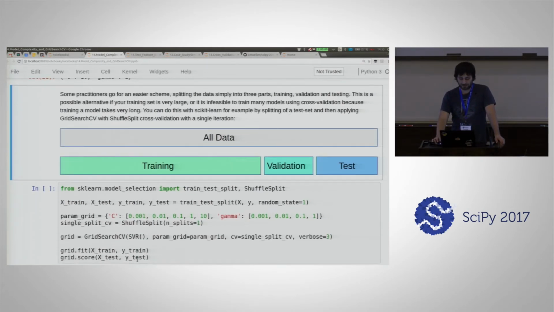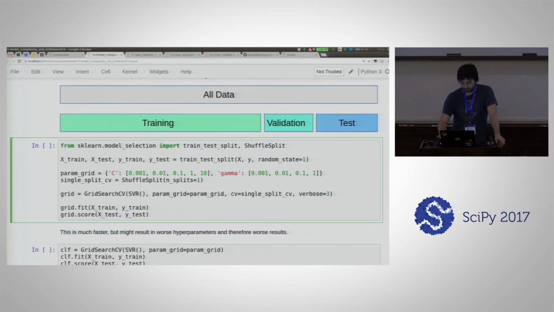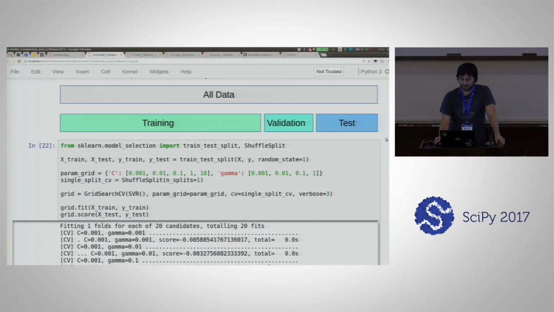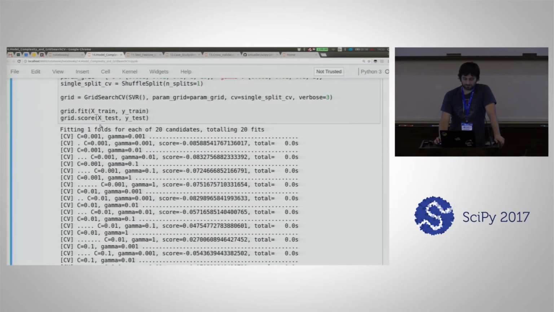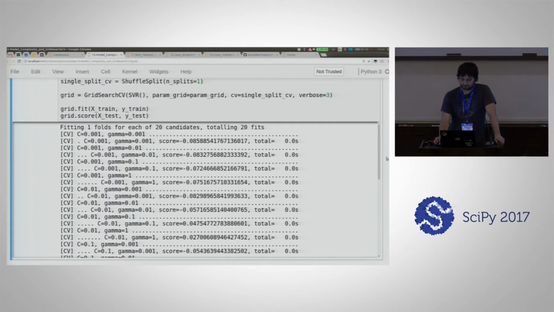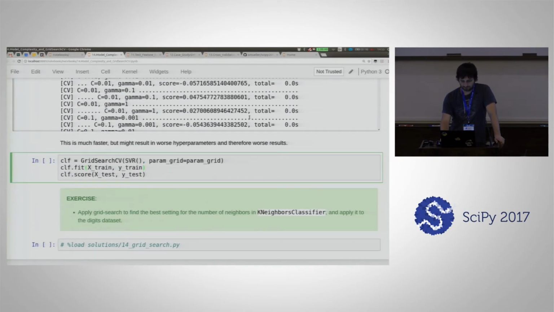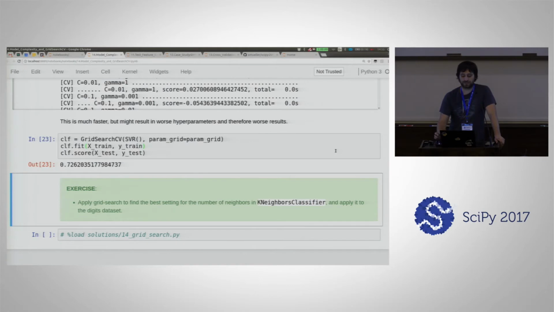You can also do this with scikit-learn, and the easiest way is to use ShuffleSplit cross-validation with the number of splits equal to 1. That basically means the inner cross-validation loop only has a single split into training and validation. Then you can do the same thing, only it's going to be much quicker, but the parameters might not be as good.